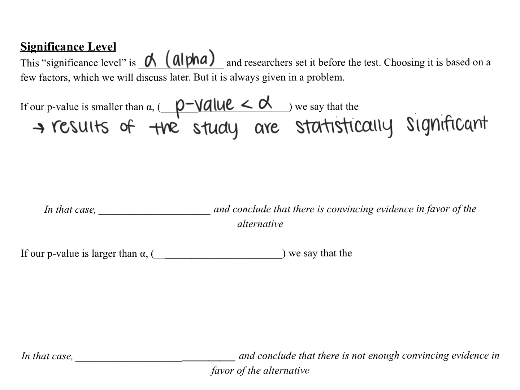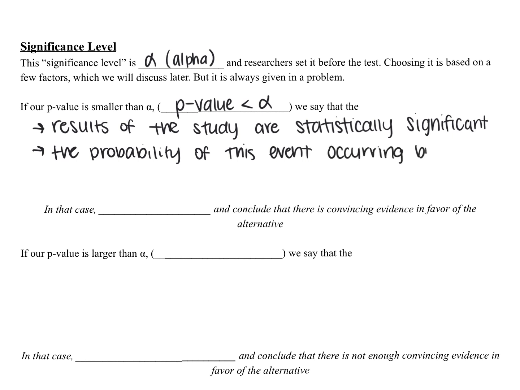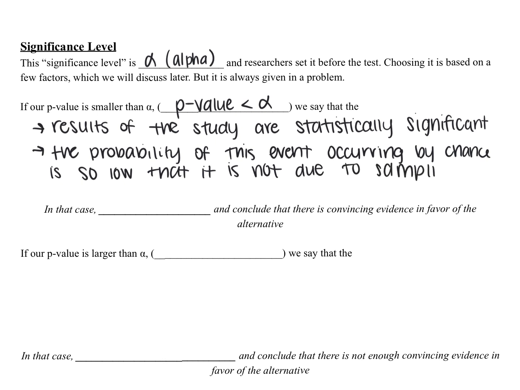So what that means is that the probability of this event occurring by chance is so low that it is not due to sampling variability.